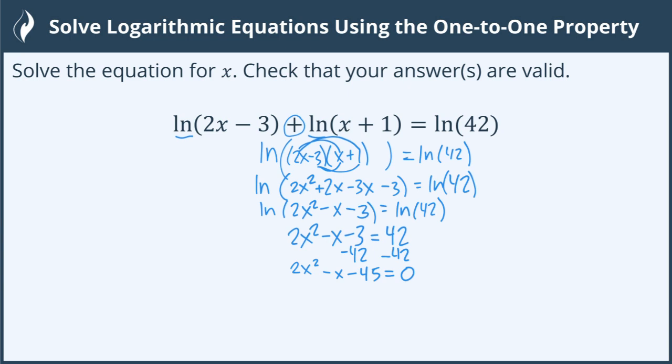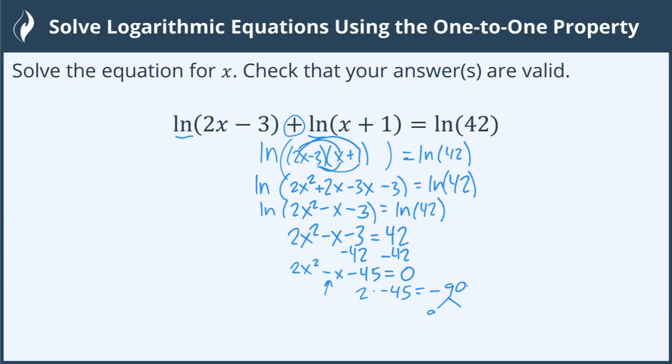Here I'm going to use the AC property because I have my a, the coefficient of x squared, is not 1. So I'm going to multiply 2 times negative 45, which makes negative 90. And I'm looking for factors of negative 90 that add to make negative 1 because b, the coefficient on x, is negative 1.